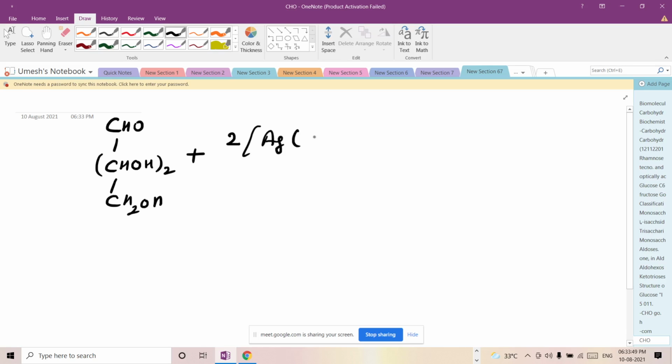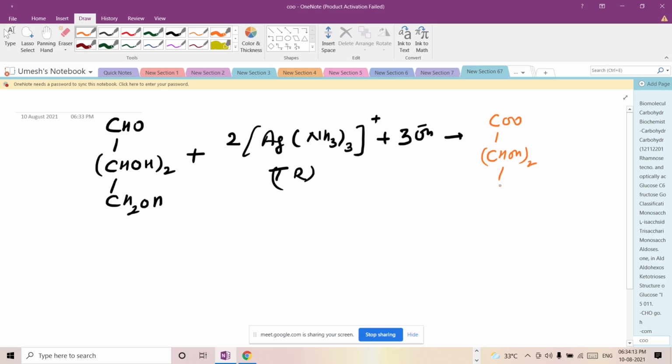Ag(NH3)2 plus, plus OH negative ion. This is called the Tollens reagent. What it does is it converts the aldehyde into carboxylic acid. And a silver mirror is formed.